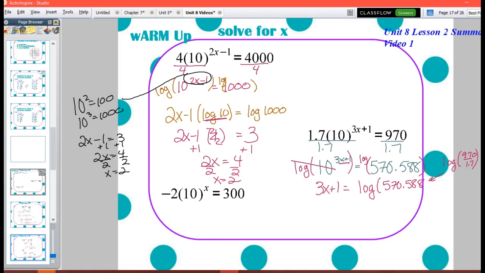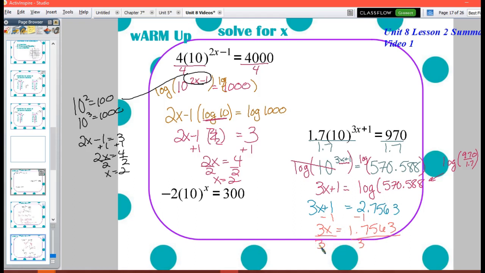So to get this, I will log 570 here. I get this side to be approximately 2.7563 equals 3x plus 1. Now I'll continue solving like a linear equation. Subtract 1 from both sides. 3x equals 1.7563, and then divide by 3.